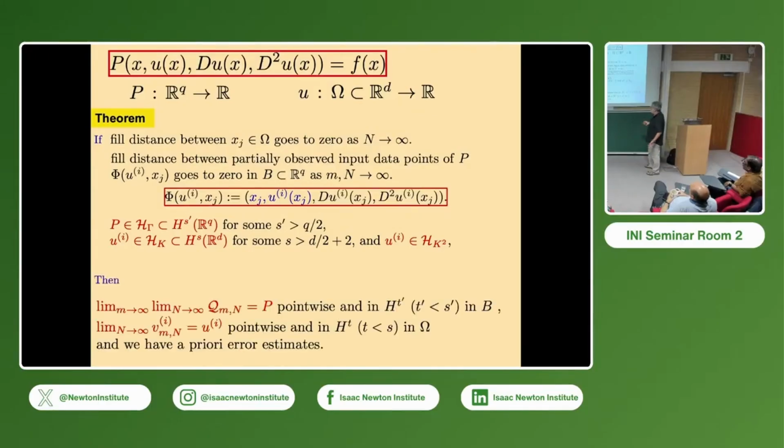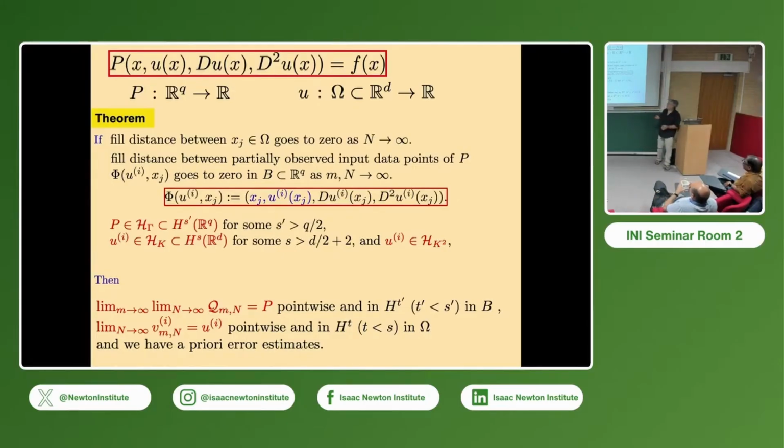Then the method converges. So as m goes to infinity and n goes to infinity, our approximation of P converges, where the convergence holds pointwise and in this Sobolev space, in this subset of the input space of P, and our partially observed solutions' approximations also converge, where the convergence holds pointwise and in this Sobolev space, and we have a priori error estimates.